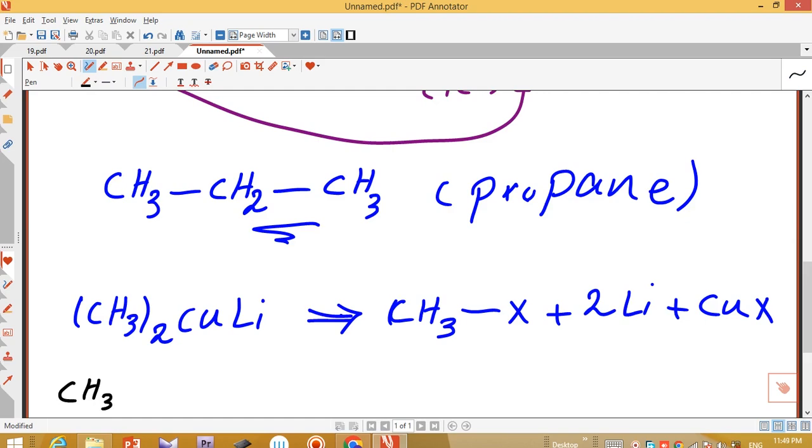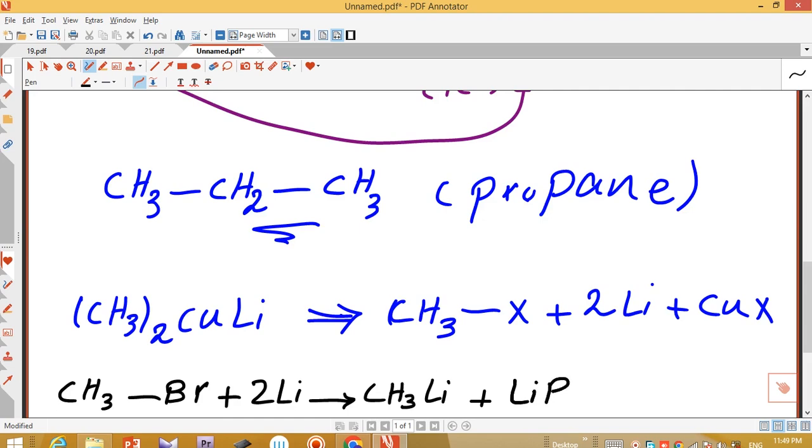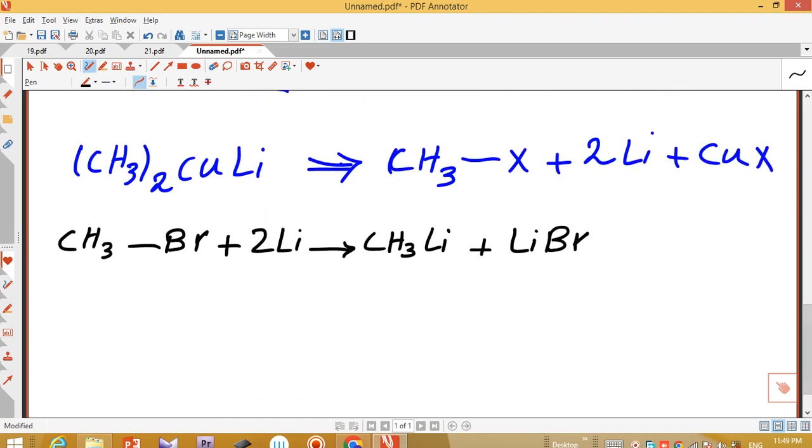So let's start from the first. For example, we will have methyl bromide with 2 equivalents of lithium. You do not have to write it down in your exam, but it is very good for practicing. And for example, you will have methyl lithium along with lithium bromide. So we will have methyl lithium in a metal halogen exchange.